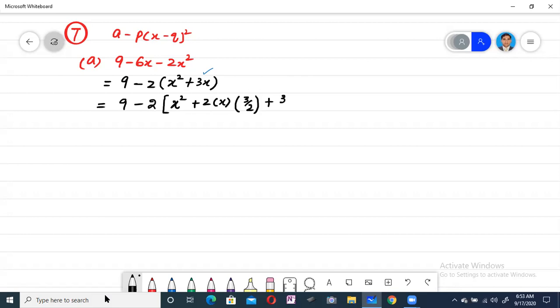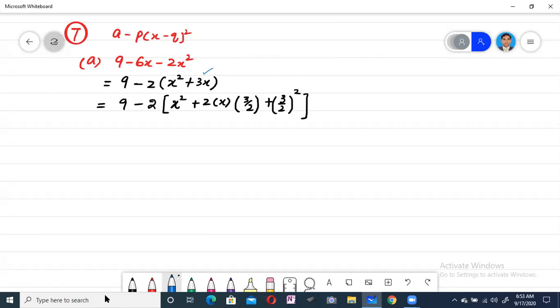Then b square, as b is 3 by 2, will be 3 divided by 2 whole square.